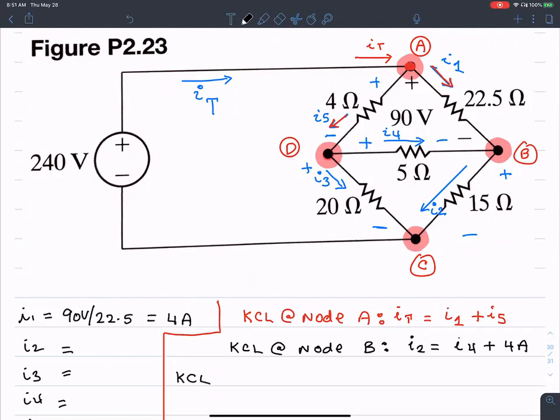Let's do the next one. KCL at node C. I would think that I total equals I3 plus I2.